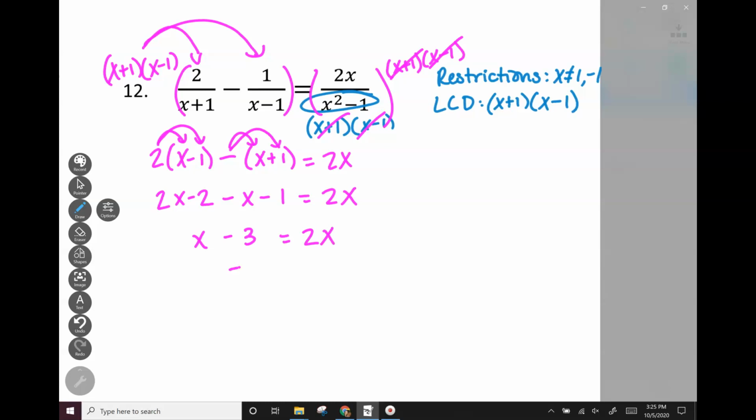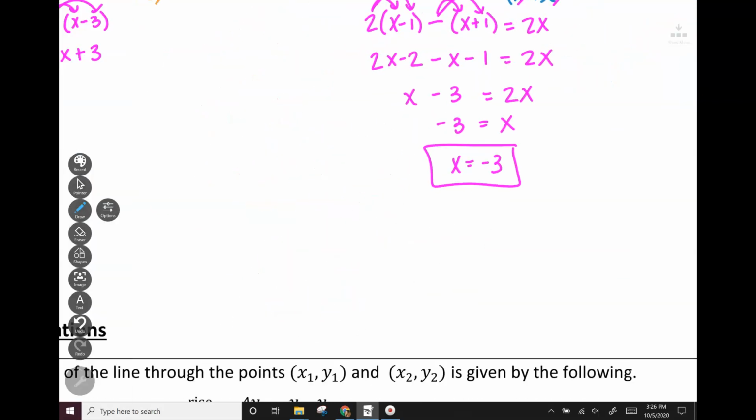I'm going to subtract that x to the other side. -3 equals x, or just x equals -3. That does not match either of my restrictions, so that's the solution to the equation. I failed to put one in here where your solution matches the restrictions, but I promise it does happen.